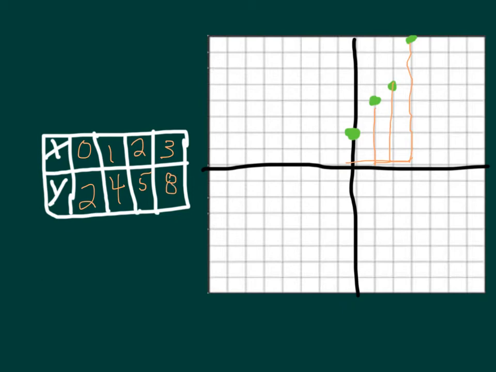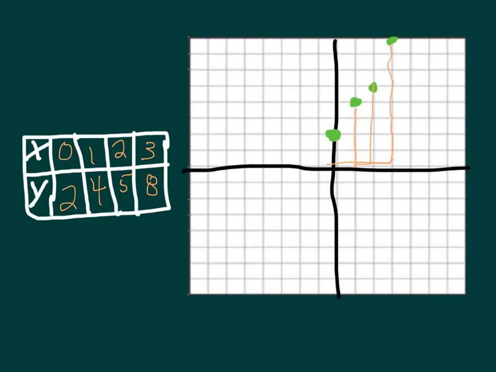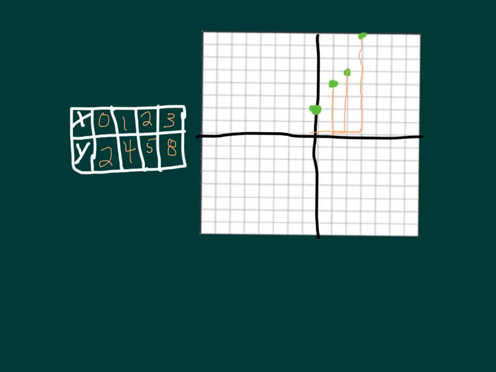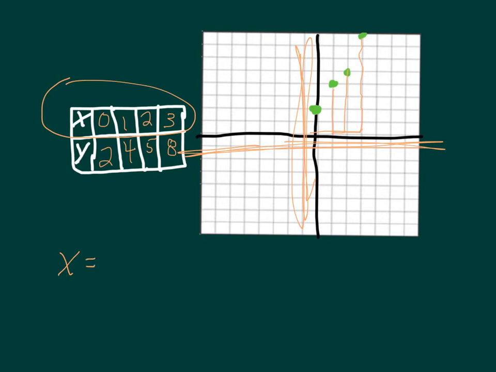Now something really nice we can talk about here, remember what I said earlier about X's: they can go anywhere left or right and be any number, and then our Y's can go anywhere up and down. Ladies and gentlemen, anything that is our X is going to be our domain.